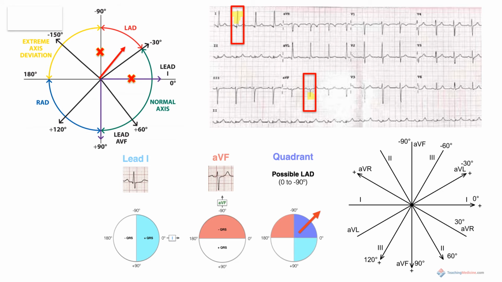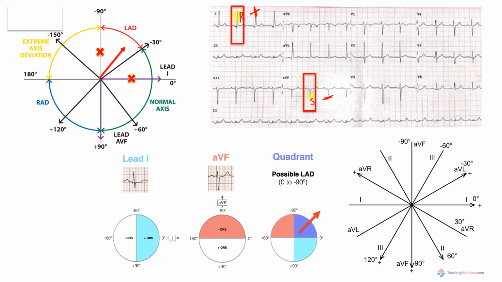Over here, our R wave definitely has a way higher amplitude compared to our S wave, and so that would mean a positive vector direction. If you take a look at AVF, notice how the S wave is the one that has the higher amplitude, so that would mean a negative vector direction.